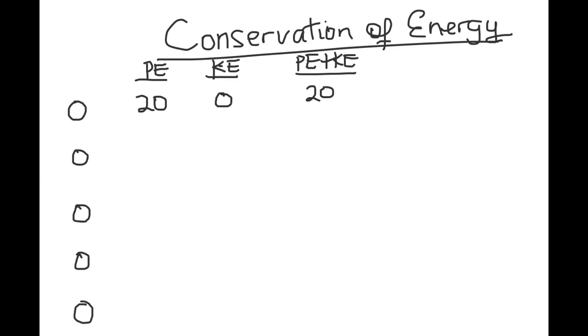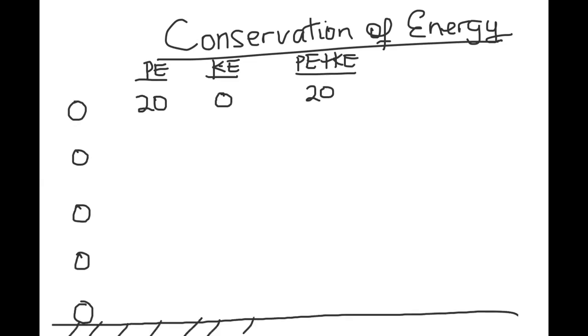Now, let me first of all do the ground. So the ground is here. That's my ground. I would like you to consider what would be the potential energy at the ground. As you may guess, the potential energy at the ground has to be 0 because the height there is 0.